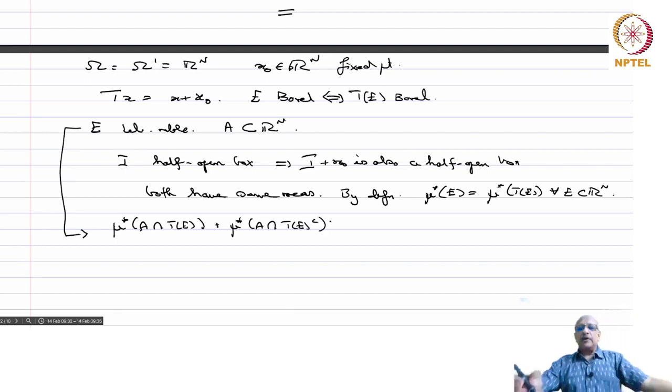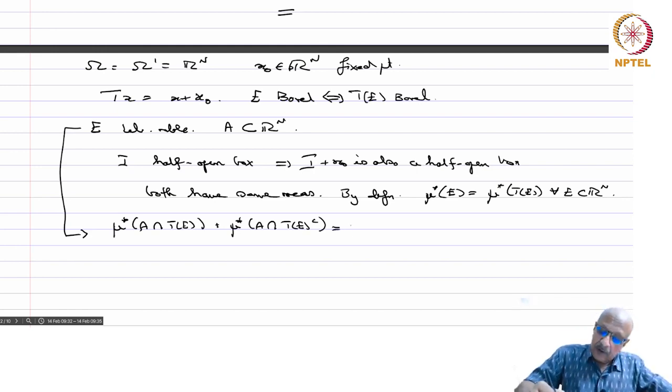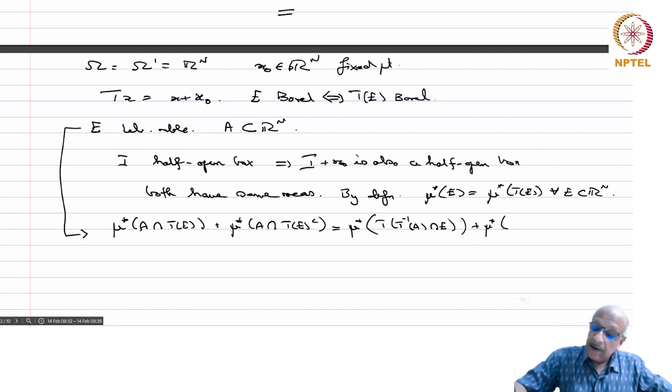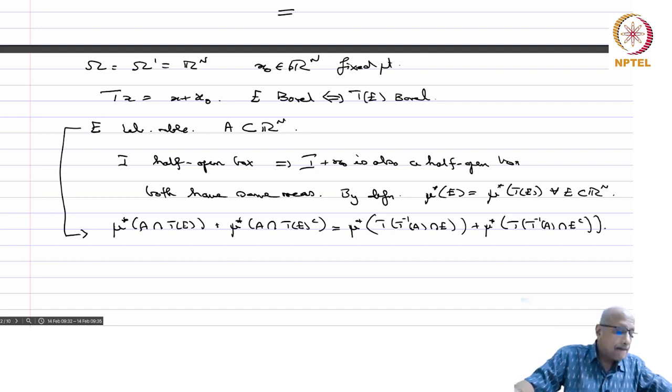This is the kind of computation you have to do to study mu star measurability. So this is equal to mu star of T inverse of A intersection E plus mu star of T inverse of A intersection E complement.